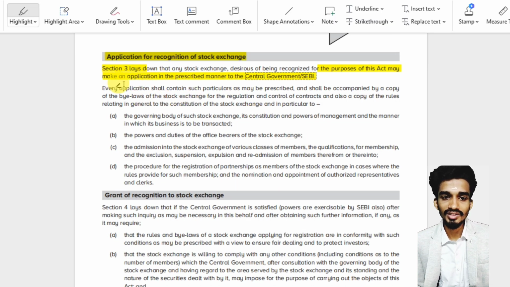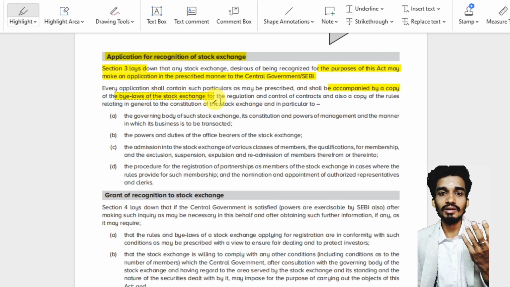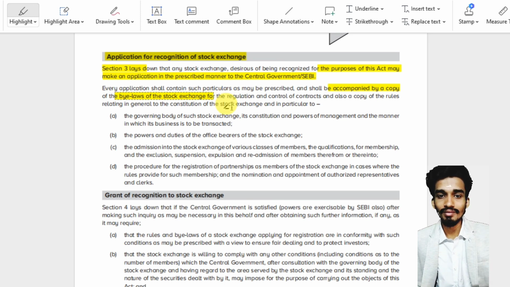So every application shall be accompanied by a copy of the bylaws. Bylaws are the laws which have been created by the stock exchange itself. So their market opening times, their rules regarding selection of members on the stock exchange, etc. That is their own bylaws created by the stock exchange, that has to be given whenever you are making an application to the central government to be recognized as a stock exchange.